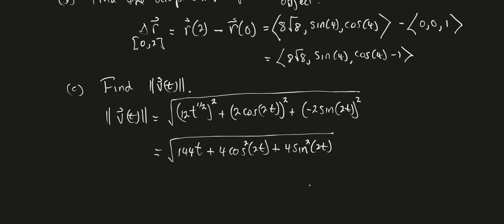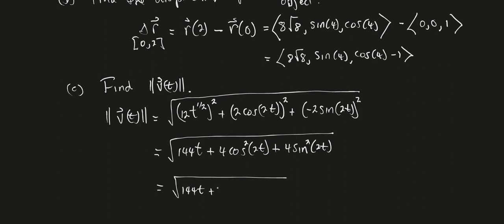Now, always look out for patterns where you have cosine squared of something plus sine squared of the same thing. So the fact that the two inner functions here are the same, 2t, means I should be able to simplify this quite a bit. So I'll have the 144t.